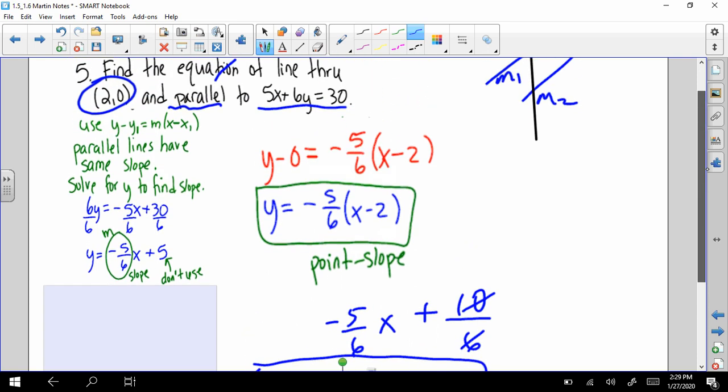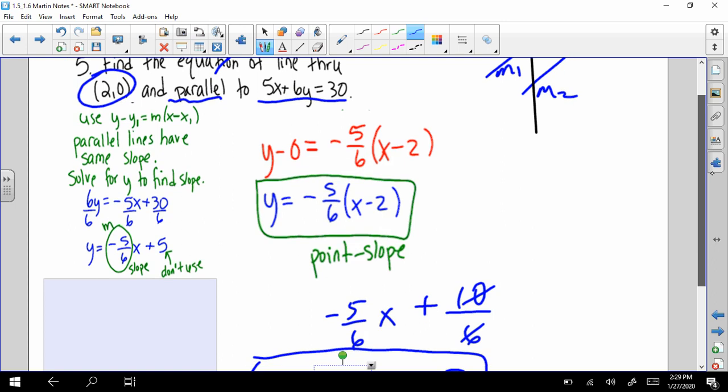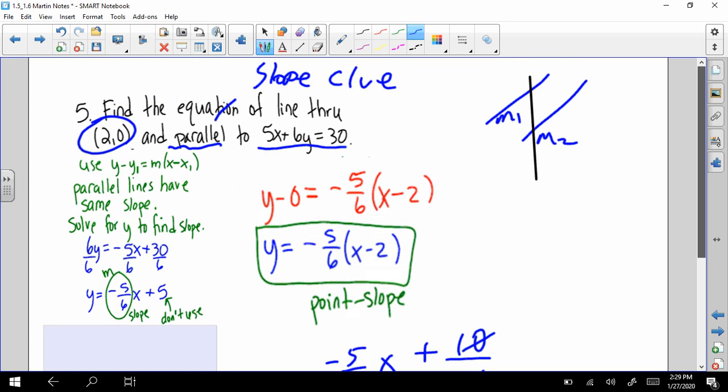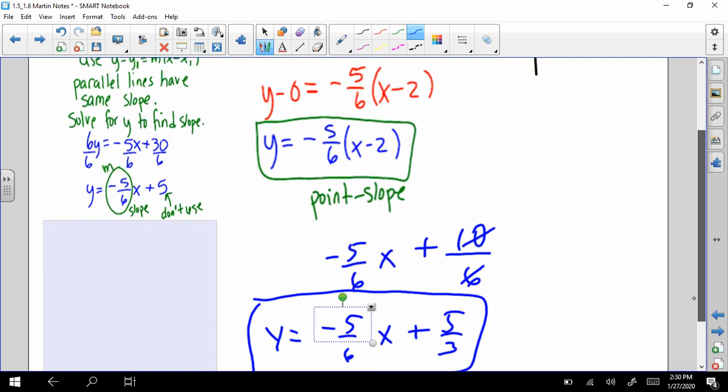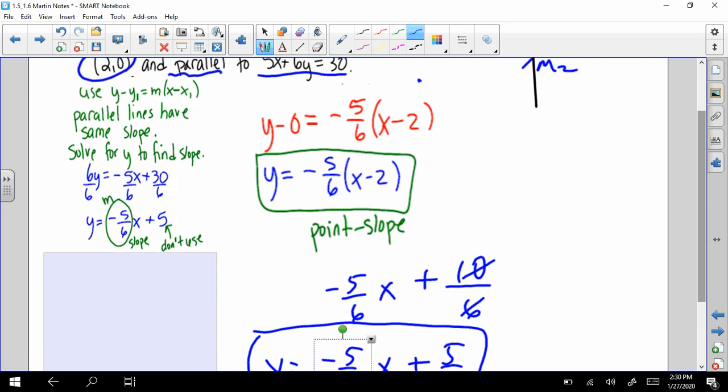Parallel lines have the exact same slope. The word parallel is what we call a slope clue, so you can use point slope form. All right? Point slope form will lead you to slope intercept form. We discard the b value.